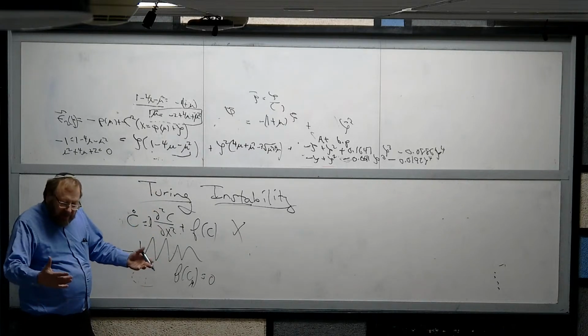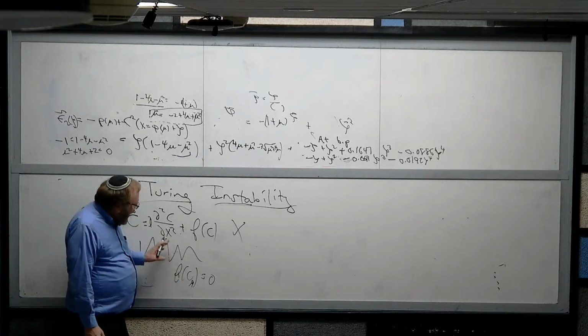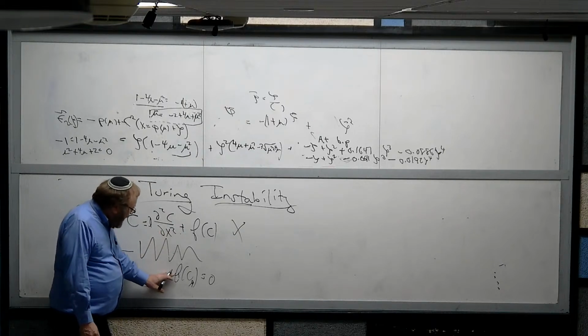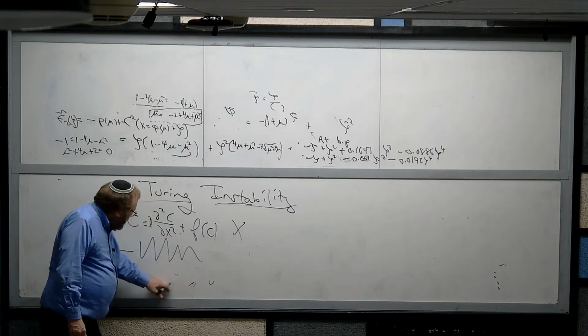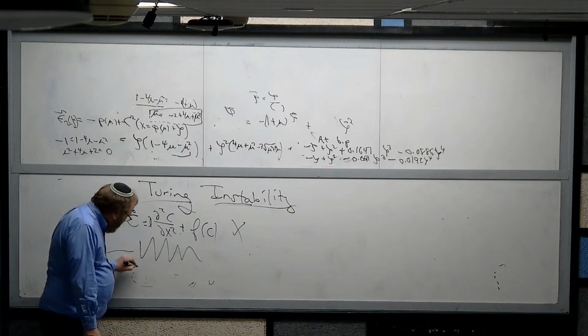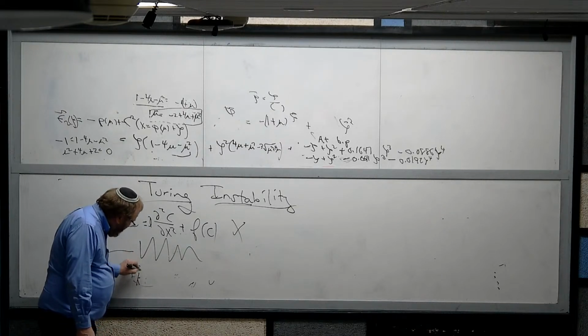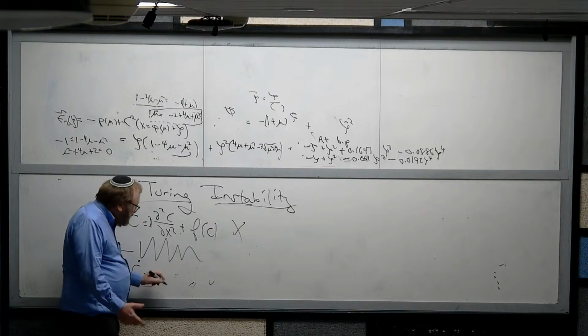So we're interested in a stable fixed point. Adding the diffusion term means that now we have, for each Fourier mode, the equation c_k dot equals f.